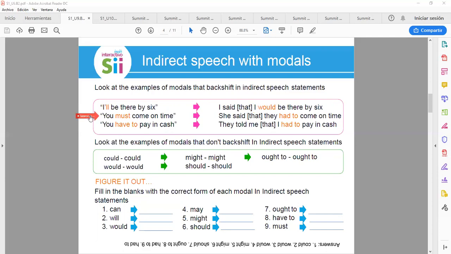Okay, next one. "You must come on time." Indirect speech: She said that they had to come on time. So here we are going to change must to had to. That is the same but in the past.